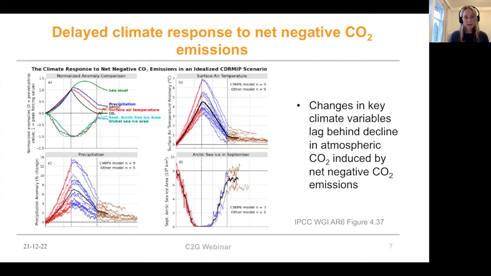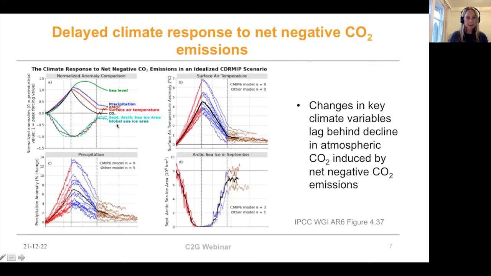In chapter 4, the climate effect of emission scenarios with net negative emissions is also assessed. So in this example here, the climate model responds to an idealized scenario with atmospheric CO2 concentration rising to 4 times CO2 and then declining back to pre-industrial levels as shown.